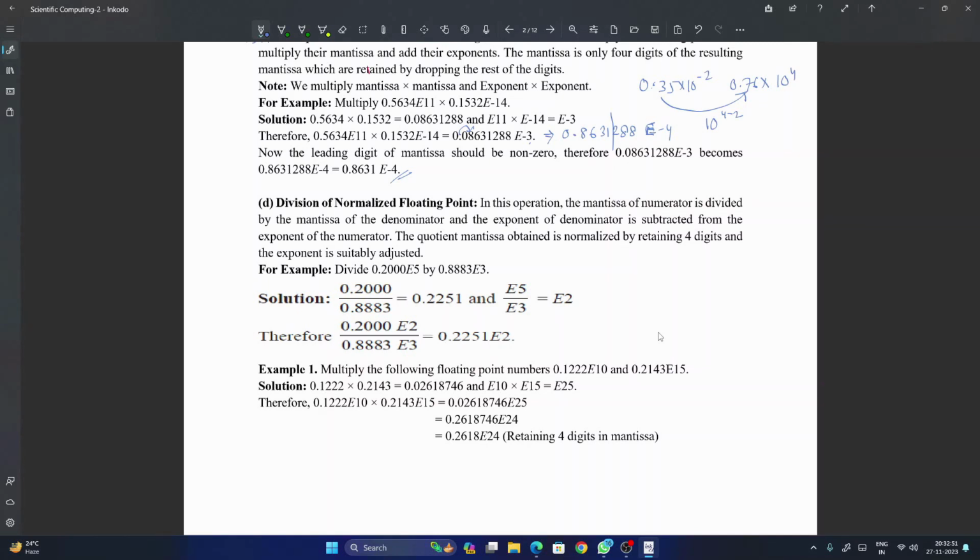Like here these two numbers, 0.222000 and 0.8883, after division give you this type of value, 0.2251, and if more digits are there, since you have a 4-digit mantissa, it will neglect all the remaining values, and it has E2. So that is the value. Now if you have any doubt you may ask, because after that there are some examples, not anything else.